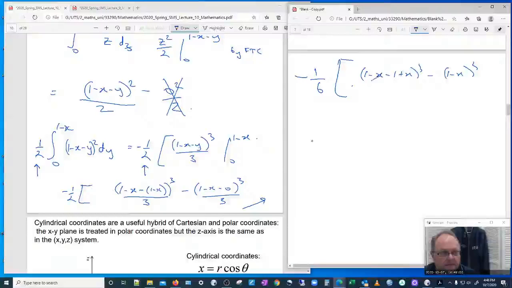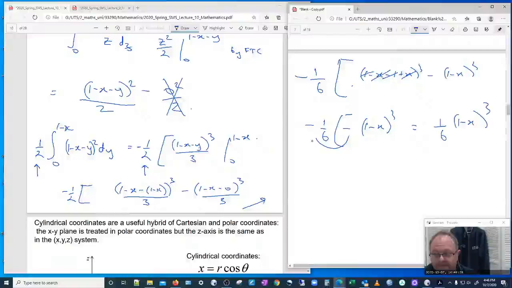Okay, so what have we got here? Minus x plus x, 1 minus 1. Okay, so that's becoming 0. And so all we're left with is minus 1/6 minus times 1 minus x cubed. So the minus times a minus makes for a plus. So we'll just get 1/6 1 minus x cubed.